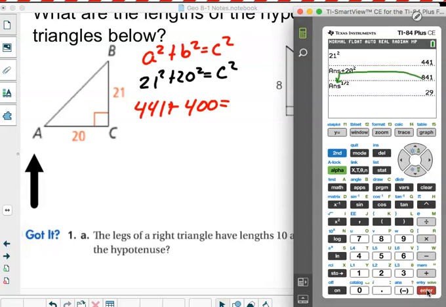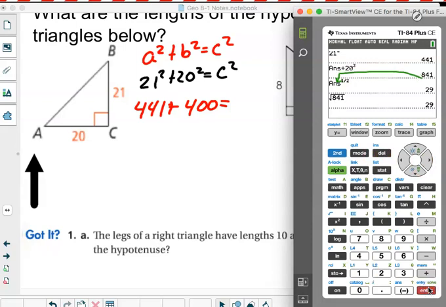I could also use my calculator buttons and take the square root of 841, and I've got my value of 29.